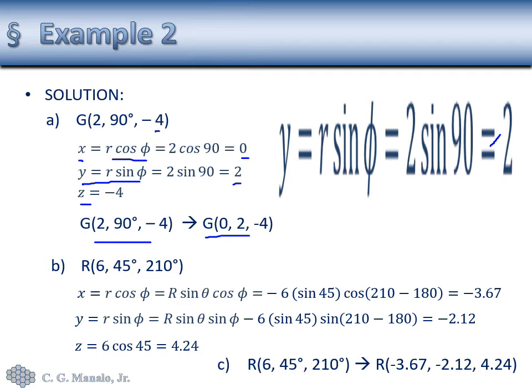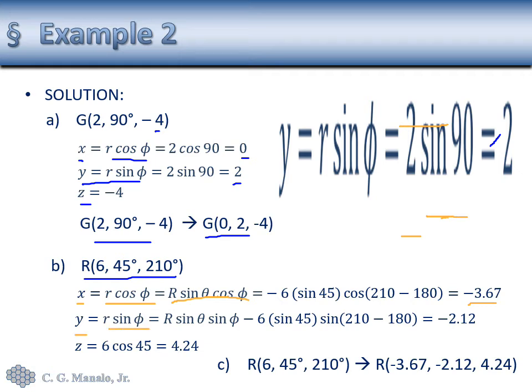Now for letter B, the point is given in spherical coordinates. So again, using this figure here, we can get x, and that would be small r cosine phi. So that would be this one. Okay, but small r can be derived from here. So that would give us this formula, and that would give us this result.